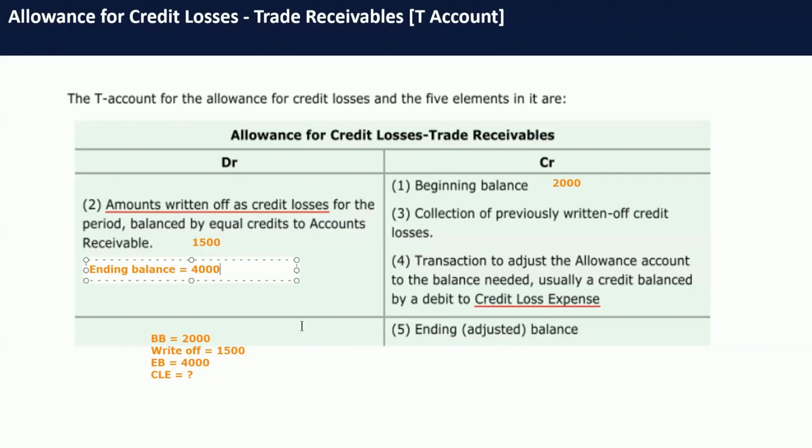Now, the total that I need for my debit side is how much? 4000 plus 1500, it is 5500. Got it? And here also, just assume that you don't have this ending balance here. And here you need 5500. So what will be your credit loss expense now? How do you balance your credit side?